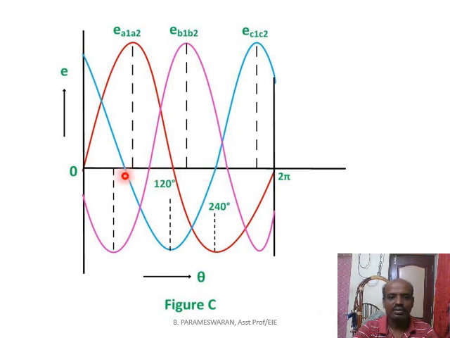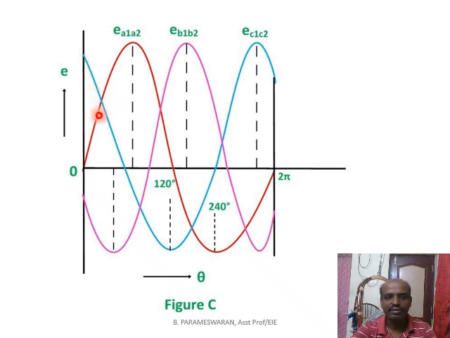So what we infer is that at the origin, that is at 0 degrees, conductor 1 starts at 0 degrees, and the second conductor starts from the negative portion, reaches the maximum in the negative side, decreases and reaches 0, and then goes on increasing in the positive direction. If you see the third conductor at 0 degrees, it will be on the positive side.